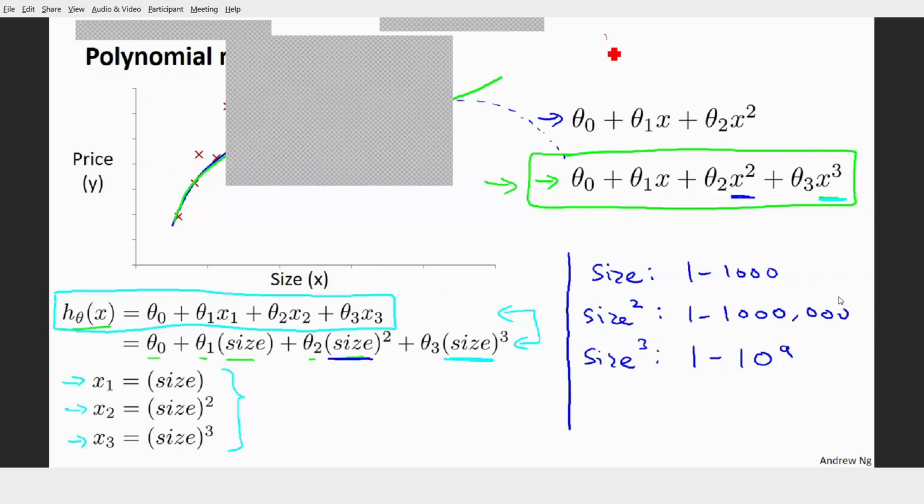We had x, we had y, I add x square here, I add x cube here, and we try to add. So this now behaves as if they are three attributes, as if this was x1, this was x2, and this was x3, and we try to learn our theta 0, theta 1, theta 2, and theta 3, which are going to be the coefficients of this.